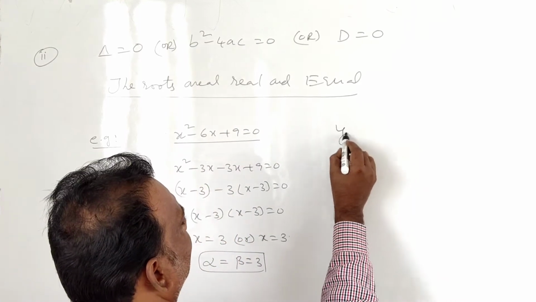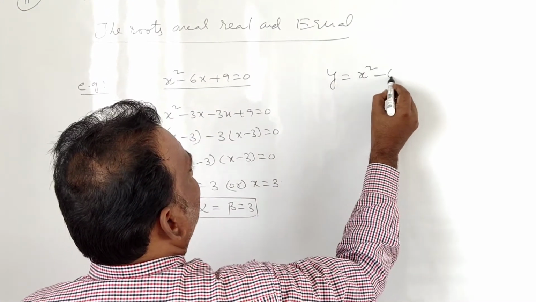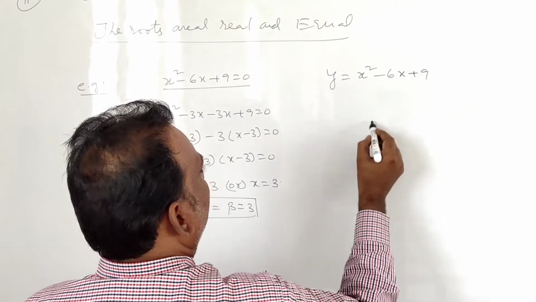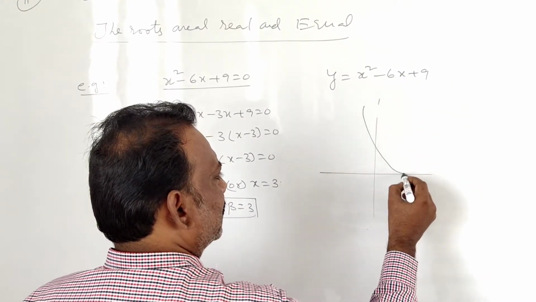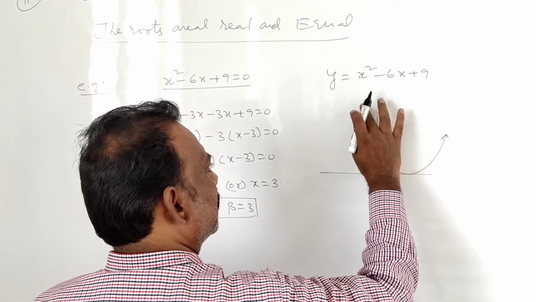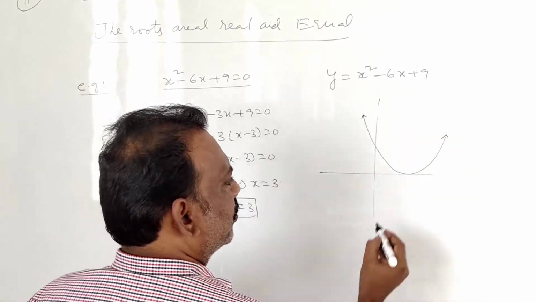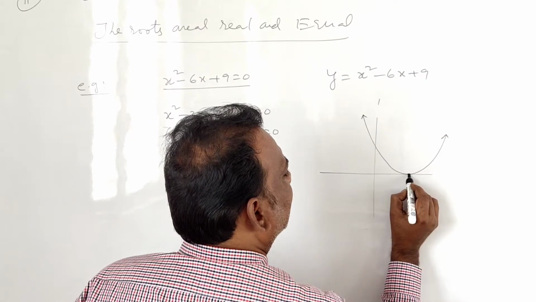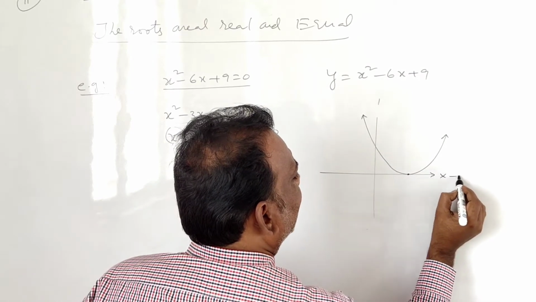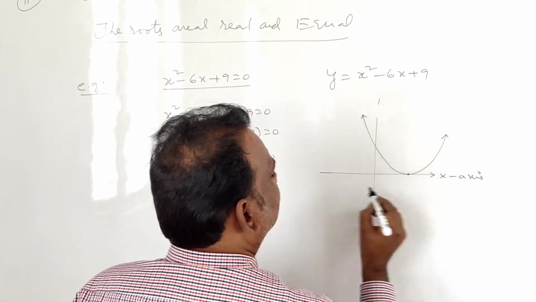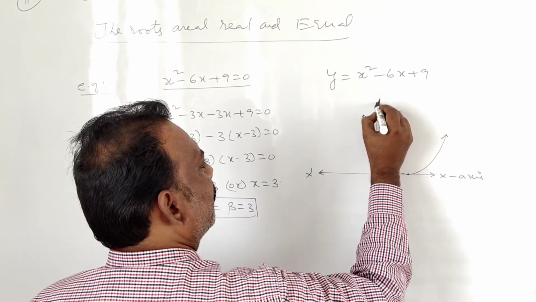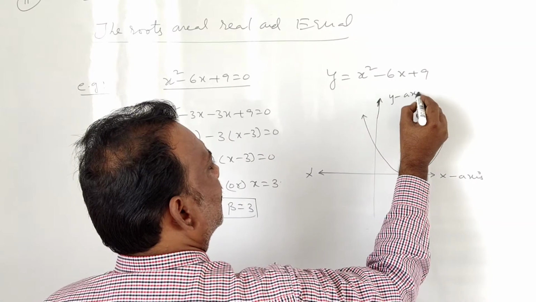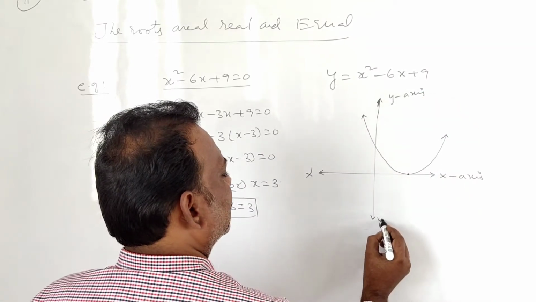Suppose you take y is equal to x square minus 6x plus 9, and you draw the graph. You will get a graph like this. So it is touching the x-axis at 3. That is positive x-axis, negative x-axis, and positive y-axis and negative y-axis.